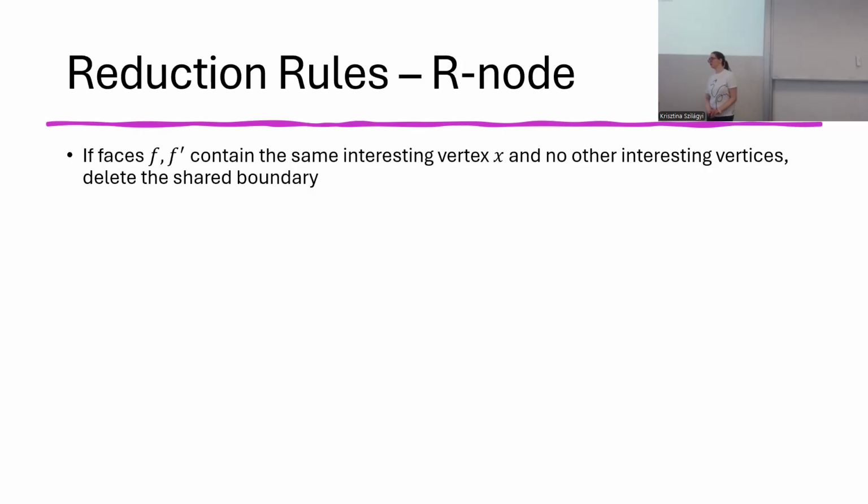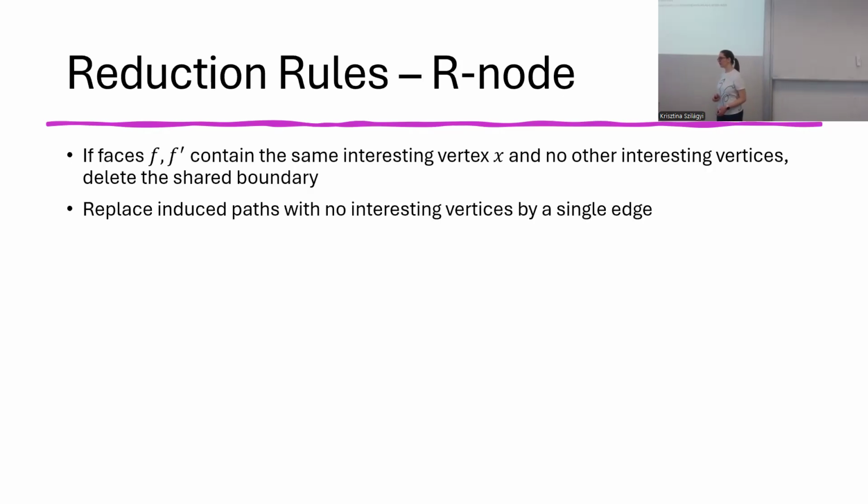So I might as well delete the shared boundary and merge these two faces together, because I know that in the solution I will potentially use either f or f prime. I will not use both of them, and potentially I might not use either of them, but this is still fine.